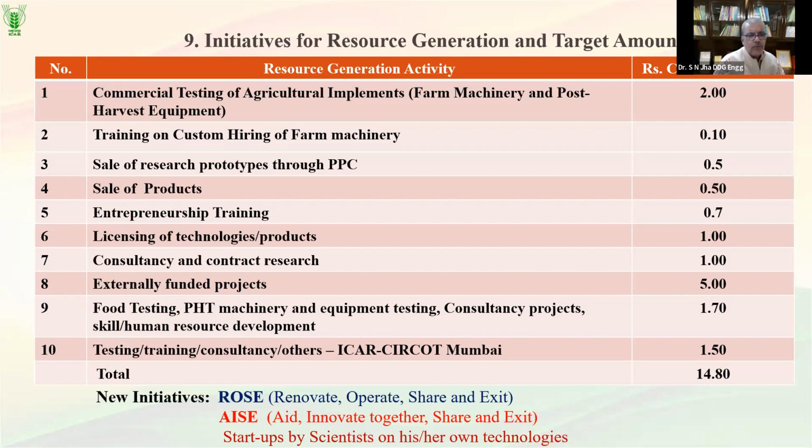Similar things I am proposing, the name can be changed or modified. I say AIDE: aid, innovate together, share and exit. Friends, whatever projects our scientists are bringing, even those funds are very difficult to utilize in a time-bound manner. So instead of that, we can rope in a company to aid the institute with instruments, infrastructure, laboratory, given in kind, and have an MOU.